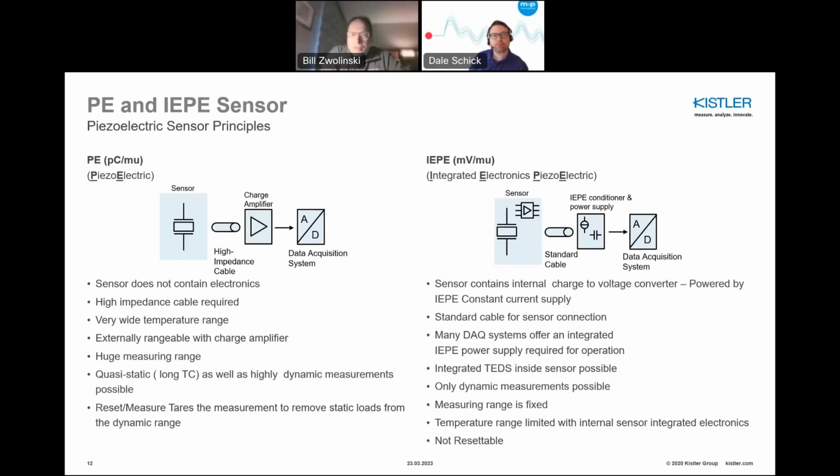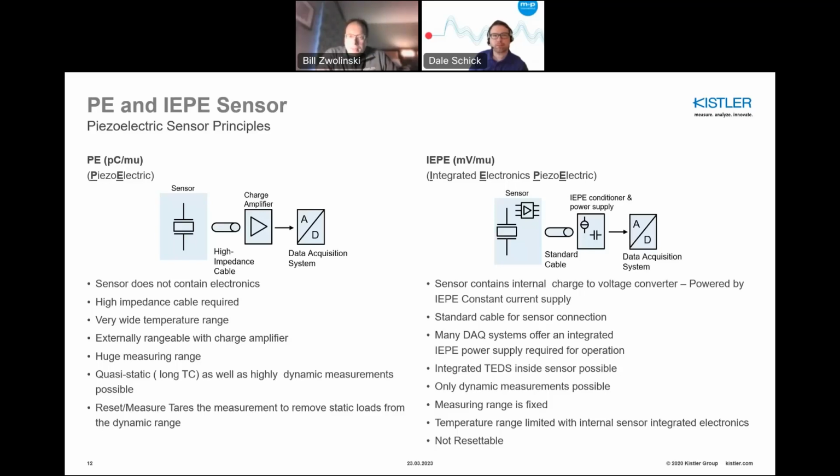With IEPE, you have electronics inside the sensor, and with that, basically, you're limited to the range. You don't have rangeability, so you have a fixed range, fixed noise floor. The good news is many data acquisition systems already have the capability to provide this constant current supply to power it, so from an integration standpoint, it can be quite handy.